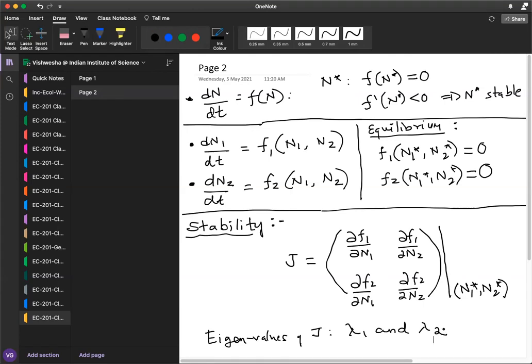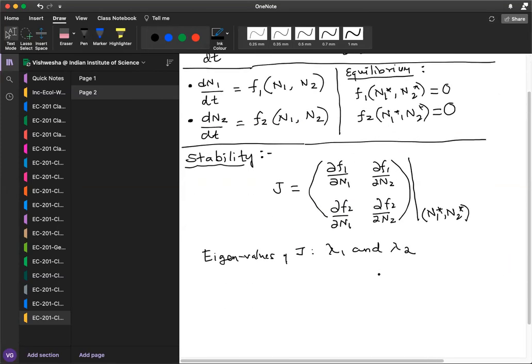Then find the eigenvalues of the Jacobian matrix. And if the real part of λ1 and the real part of λ2 are both less than 0, you have a stable equilibrium.